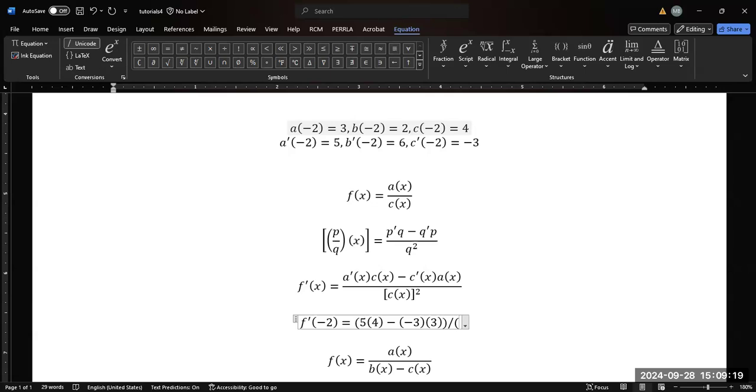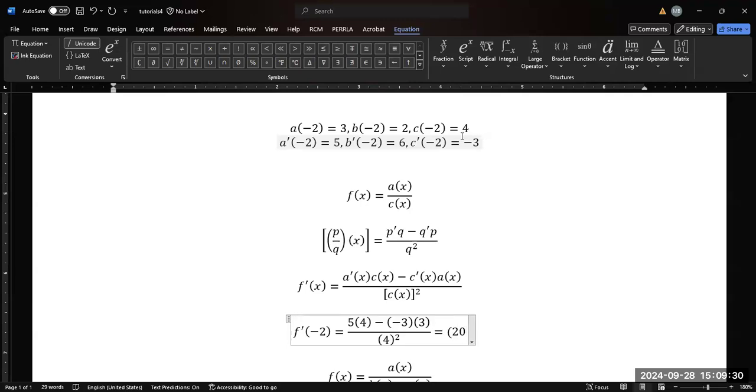And then we're going to divide by C at -2, which is 4 squared. And so that's going to get us 20 plus 9 divided by 16, just 29 over 16. And again, because of the double negative here, this becomes a positive.